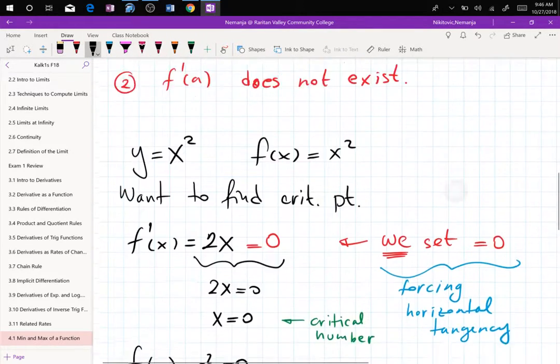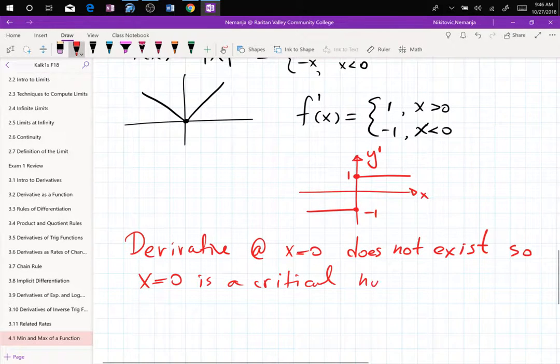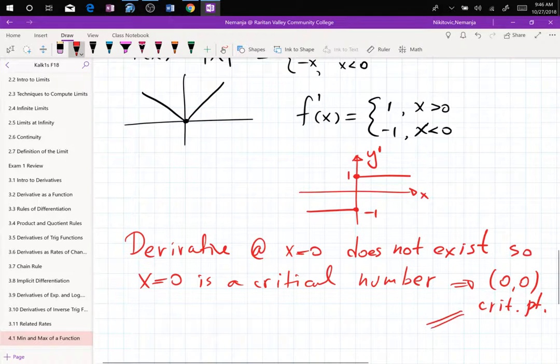So our rule number 2 says the derivative at x equals 0 does not exist, so x equals 0 is a critical number, leading us to the critical point 0, 0, and that leads into a minimum. We know it's the absolute minimum, but we don't care about it right now. We'll deal with it later.